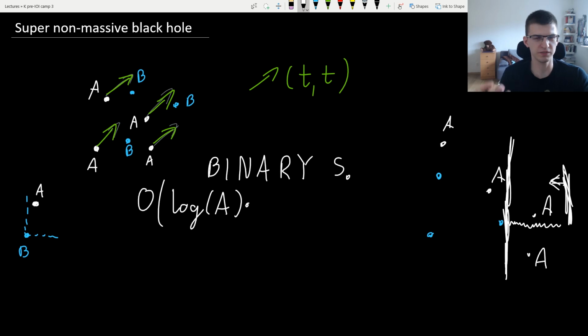And then just one variable is enough when we sweep from right to left: the maximum coordinate y of point A so far.